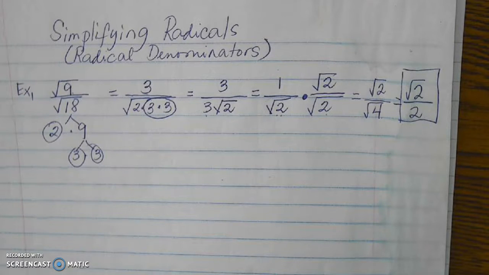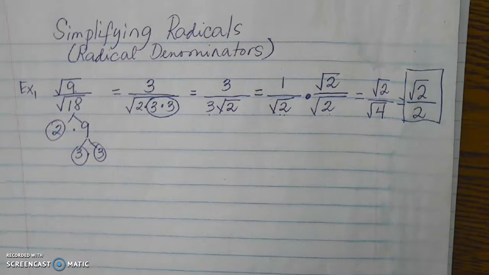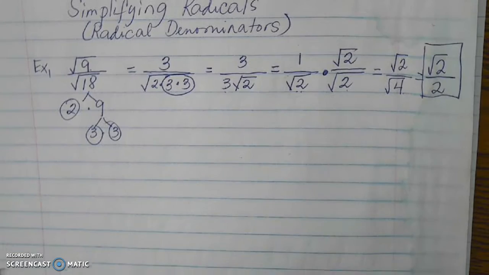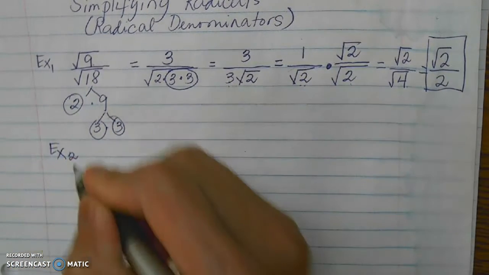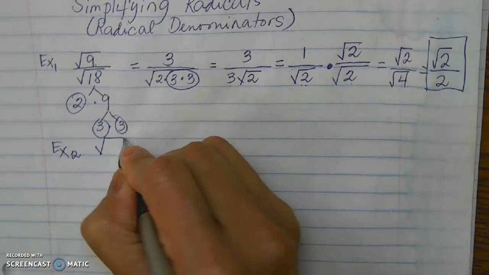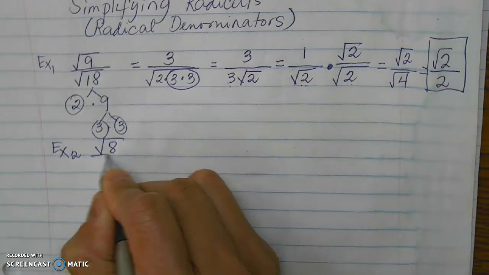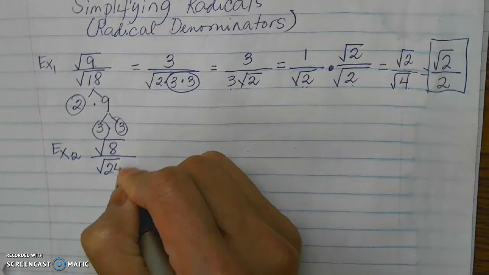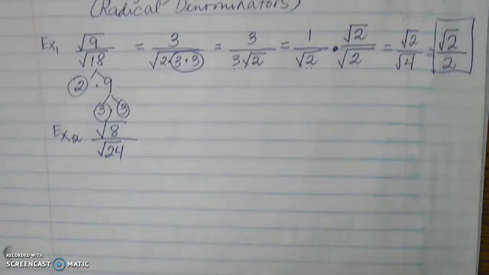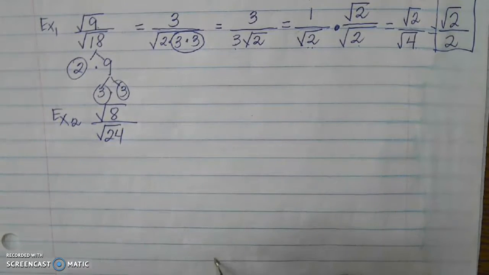Okay, so our next example, I want to use square root of 8 over square root of 24. So let's do the prime factorization of 8.